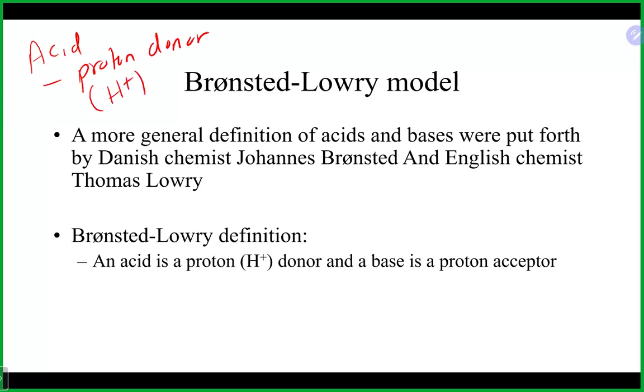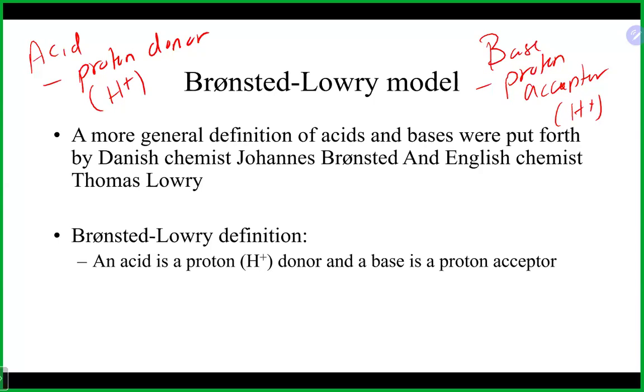And a base is pretty much the one that's going to receive that. It's a proton acceptor, which will receive the H plus. So in the Bronsted Lowry definition, the acid is the one that gives away the H plus, and the base is the one that accepts the H plus.